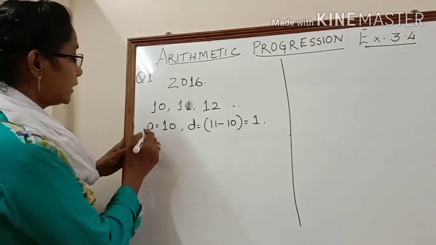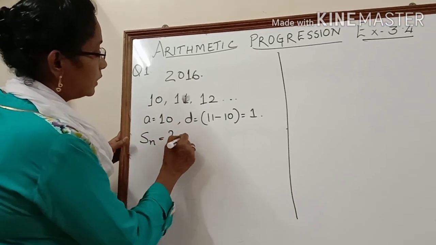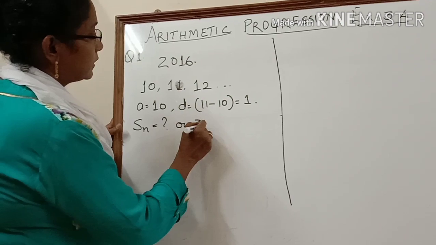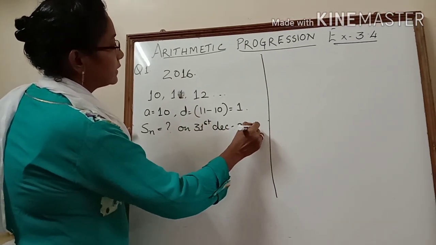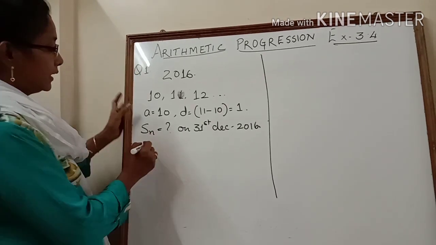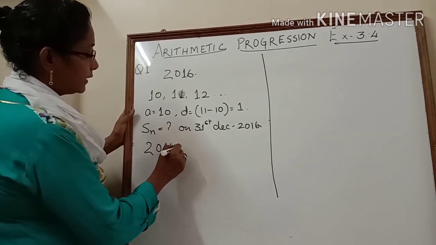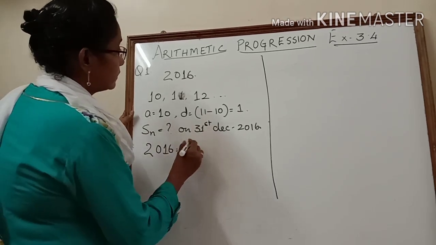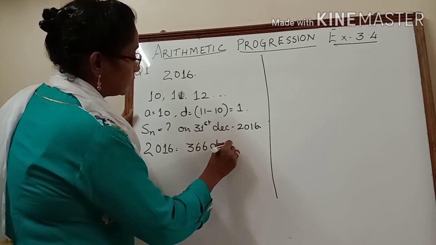So total saving here, that is Sn, you have to find on 31st December 2016. Now 2016 is a leap year. How to find a leap year? You have all studied. So how many days? 366 days.